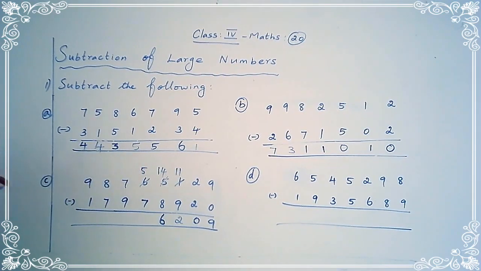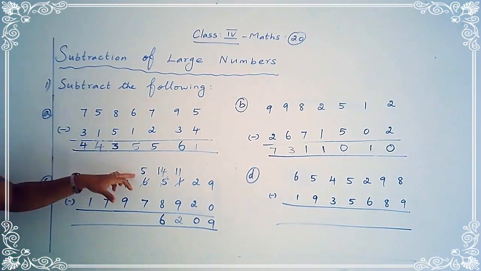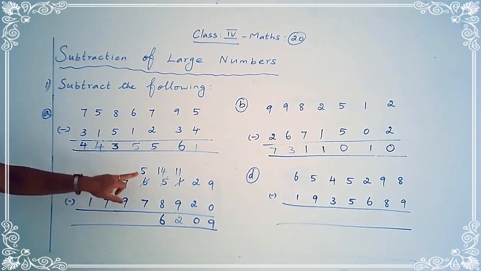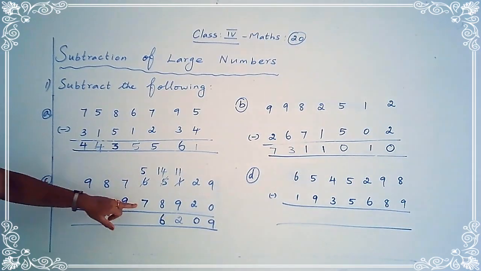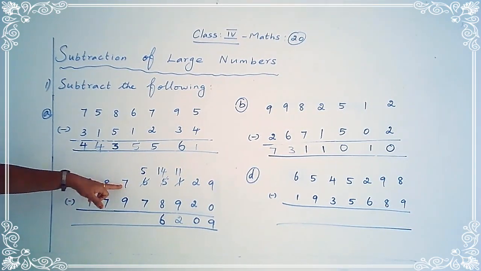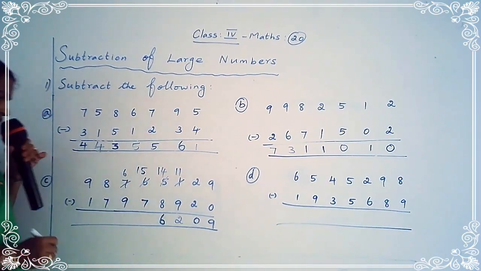5 and 7. The ten-thousands place has 5 and 7. So 5 is smaller than 7, so it cannot be subtracted. So what to do? You go to the next place and get a borrow. Here the next place has 7. So 7 becomes 6 and 5 becomes 15.